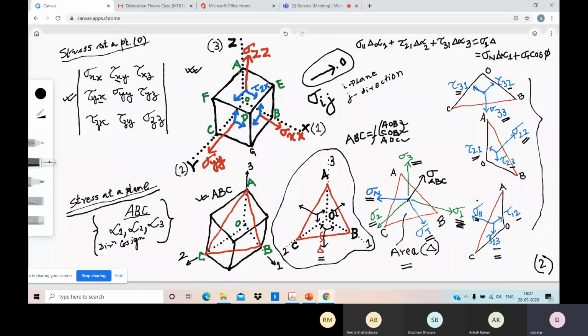Because these three values are basically the stresses acting along direction 1. These three values are the stress components that are acting along direction 1. So how much force is contributed by the sigma 1 stress?